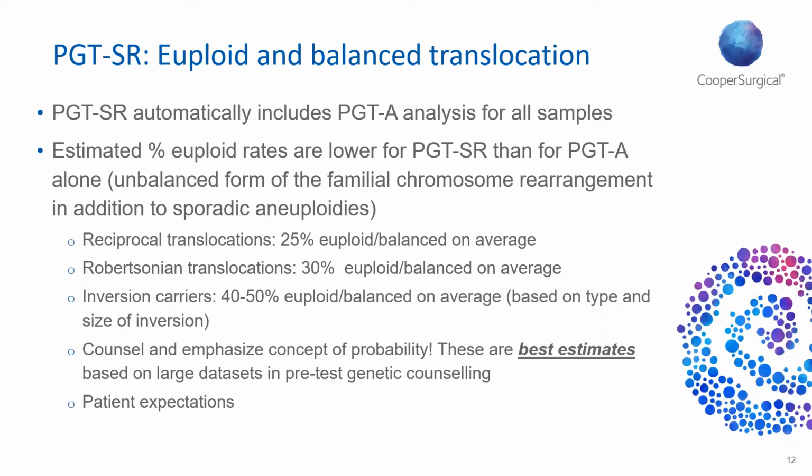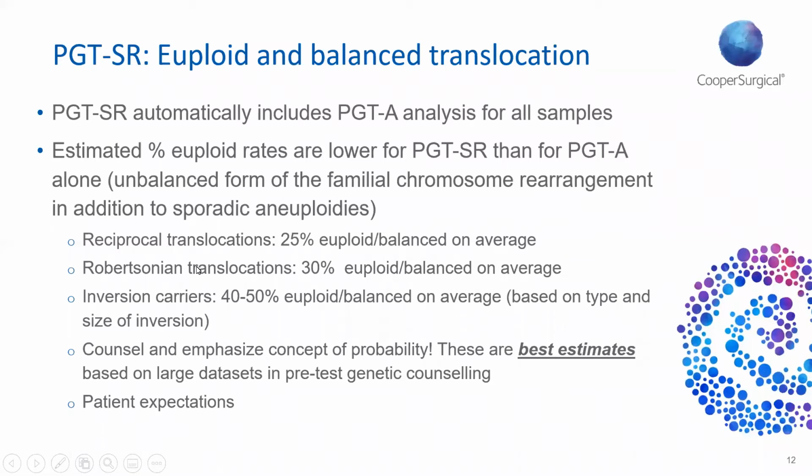Overall, we see approximately 25%, a quarter, that are either balanced reciprocal translocation, or healthy embryos that include no translocation at all. Our NGS technology cannot distinguish between the two, and that's one of the primary counseling things that I review, but also a common question I get from couples as well.